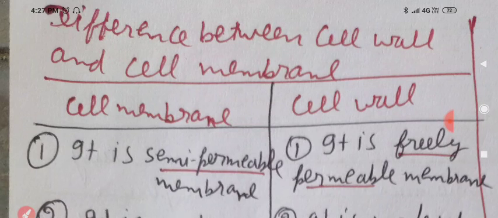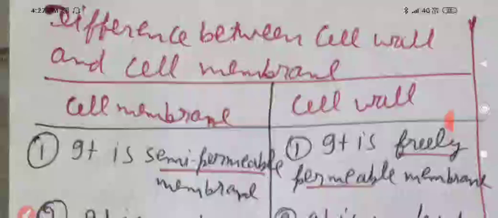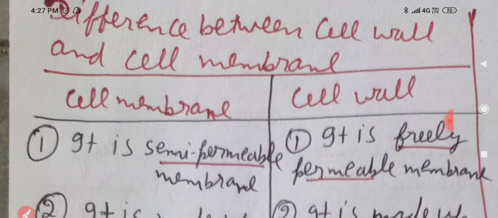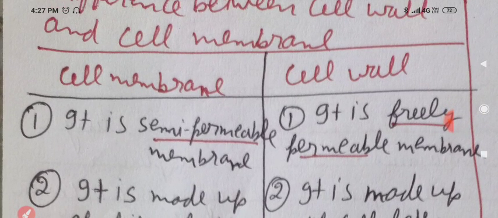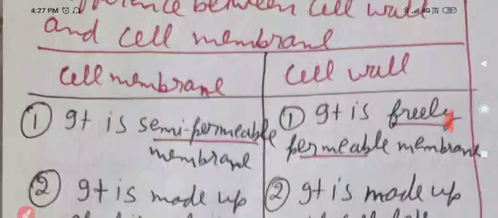First is based upon permeability. The cell membrane is a semi-permeable membrane, and the cell wall is a freely permeable membrane.